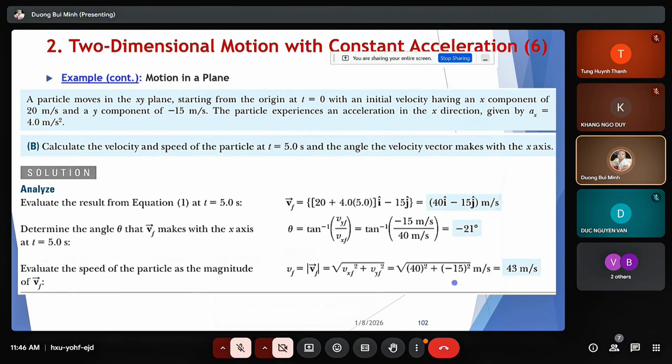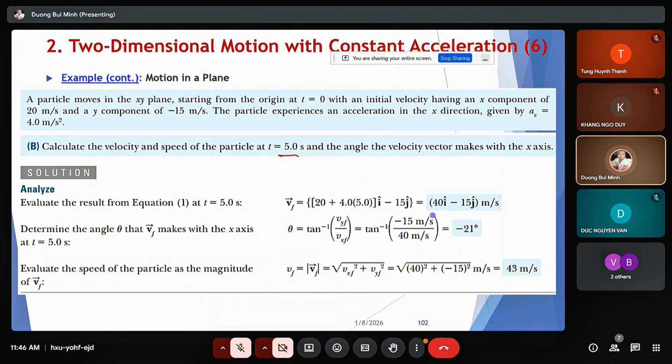Now question B. Calculate the velocity and the speed of the particle at the time of 5 seconds. So you just get the certain value, right?